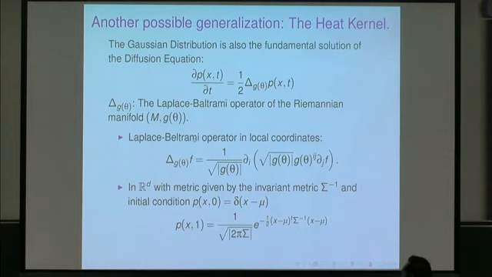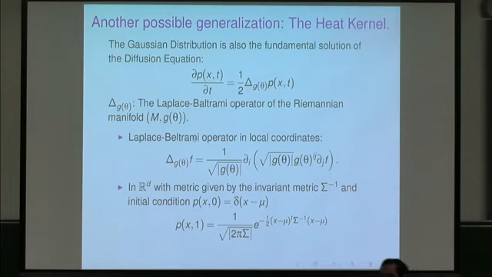Now it turns out in R^d, if we have the translation invariant metric defined by your covariance inverse, the two definitions are identical. You can either directly write down the probability distribution, and this happens to also be the fundamental solution of the Laplace-Beltrami operator, and you've got a really nice unified story.